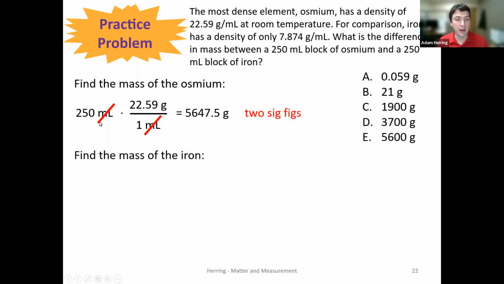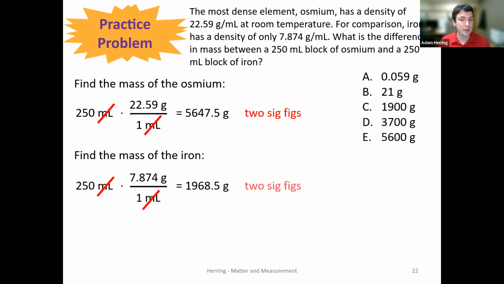To find the mass of the iron, we can take the volume and multiply by the density. When we do that, the units of milliliters will cancel out, and we find that the mass is 1,968.5 grams, again, rounded to two significant figures.